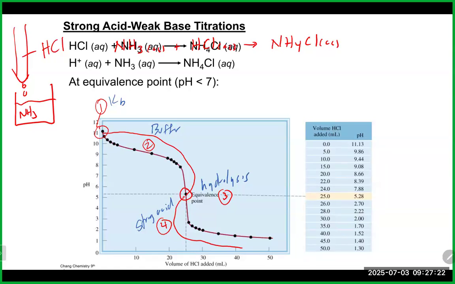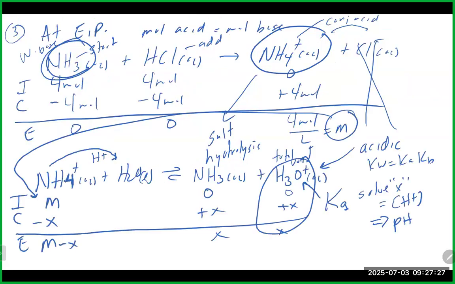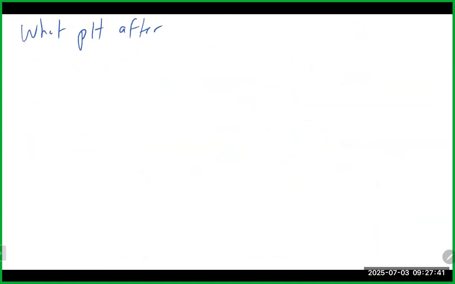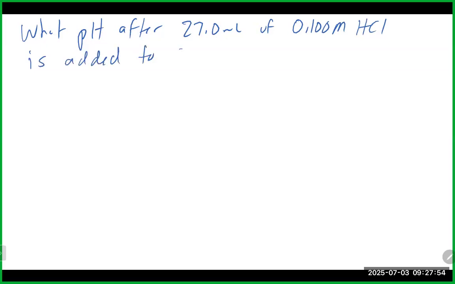Any questions on that there? So why don't we try one here? Why don't we try, let's do this. What is the pH after 27 milliliters of 0.1 molar HCl is added to 25 milliliters of 0.1 molar ammonia.